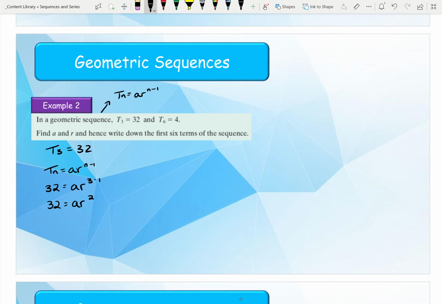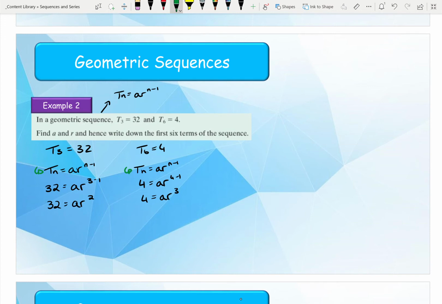I'm now going to do the same thing for T6 is equal to 4. So I have Tn is equal to a r to the n minus 1. So I have 4 is equal to a r to the 6 minus 1. So I have 4 is equal to a r to the power of 5. Now at this stage I can see I can't go straight into simultaneous equations because it's multiply here.